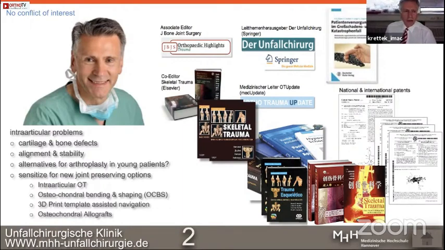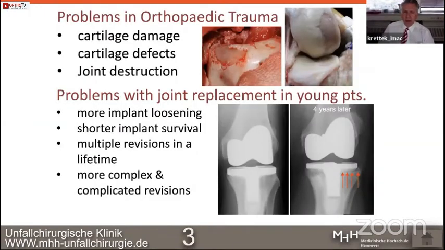I have no conflict of interest, apart from a couple of paid editorial tasks that are listed here, or national and international patents. And the problems in orthopedic trauma have been nicely outlined by Ashok Gavaskar just a few minutes ago.